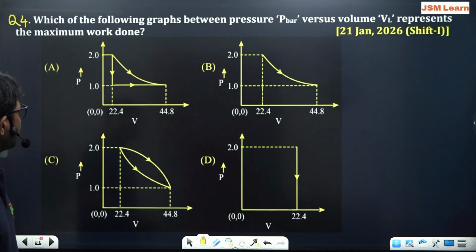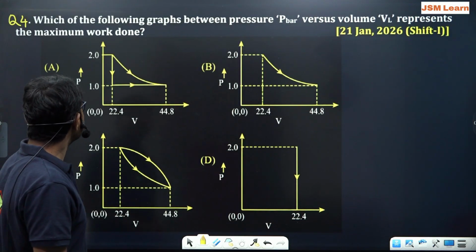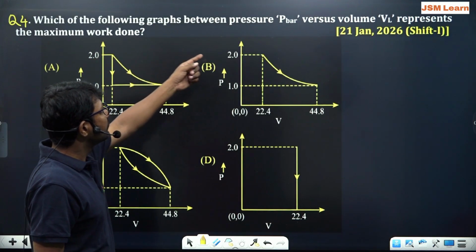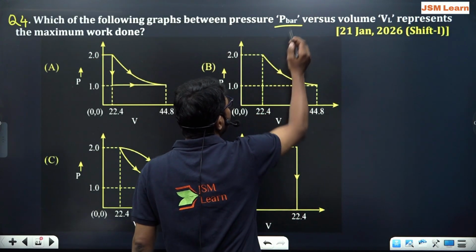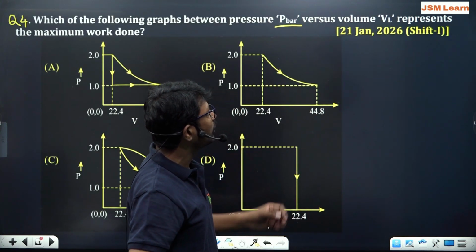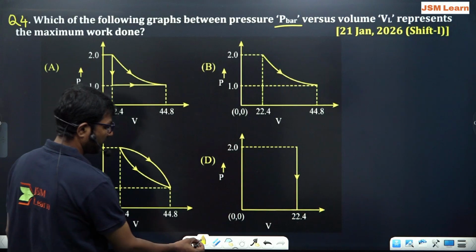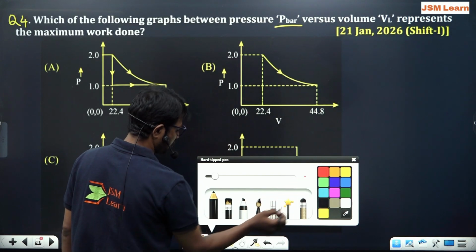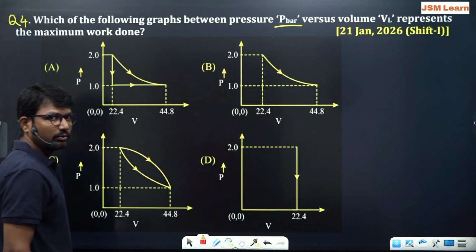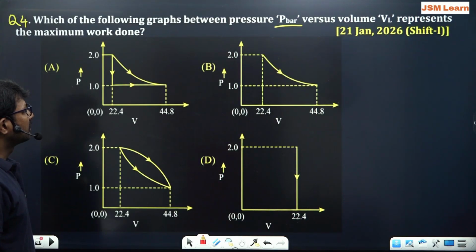In the fourth question, they have provided some graphs. Which of the following graphs between pressure P in bar versus volume in liters represents the maximum work done? As we have seen earlier also, the same type here, we have to identify the work done, which is the area covered under the graph.